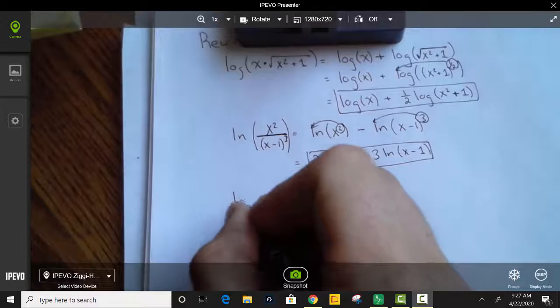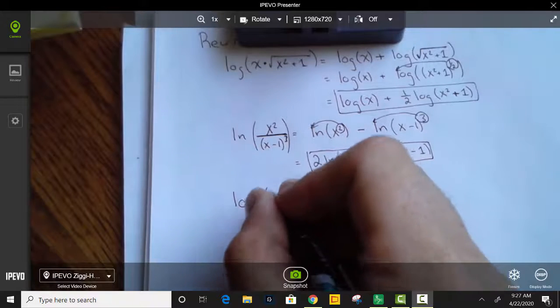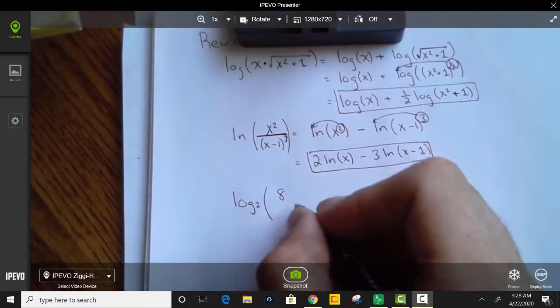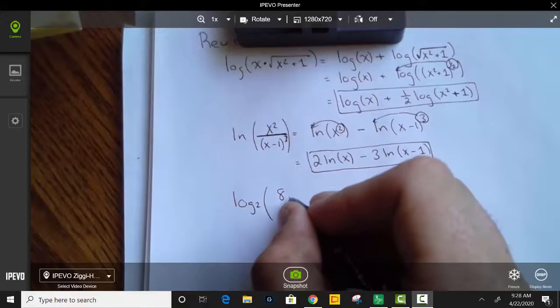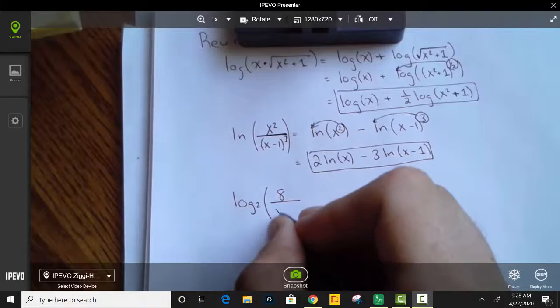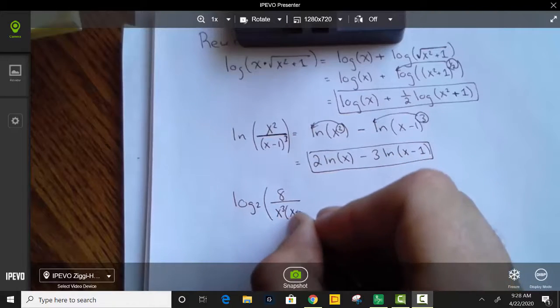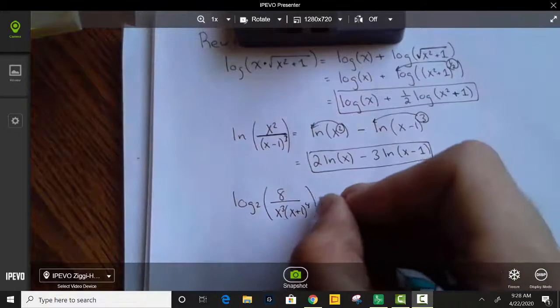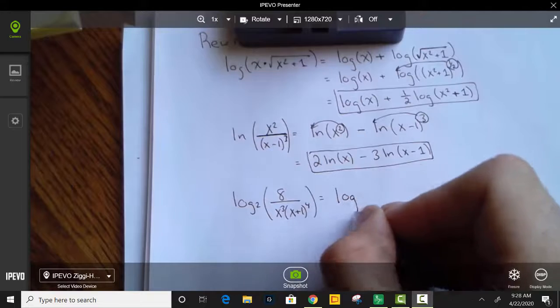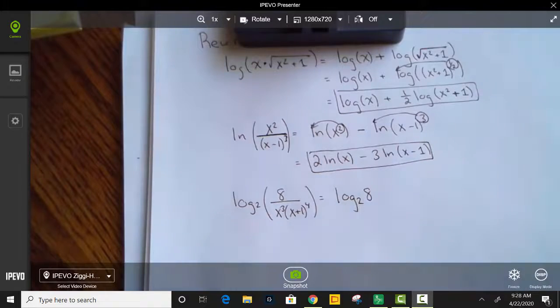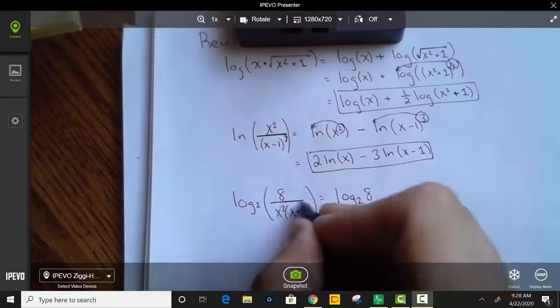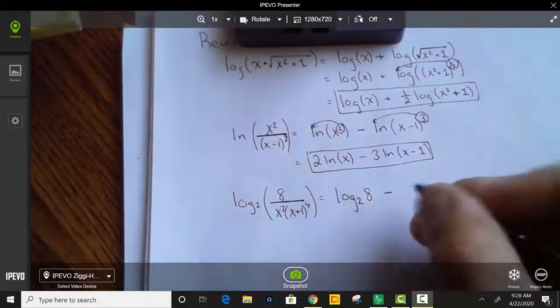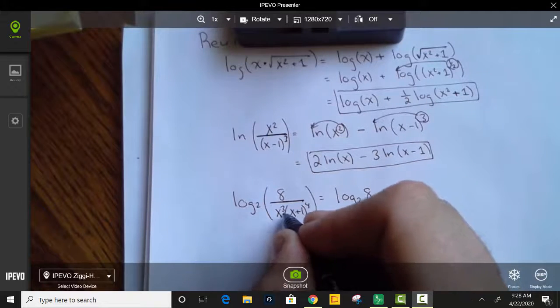Alright, and then the last one of these we're going to do is log base 2 of 8 over x cubed times x plus 1 to the 4th. So this would be log base 2 of 8, and then we have a division, so that's going to be a minus, but notice down here, we have a multiplication.